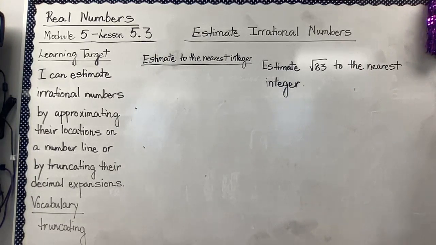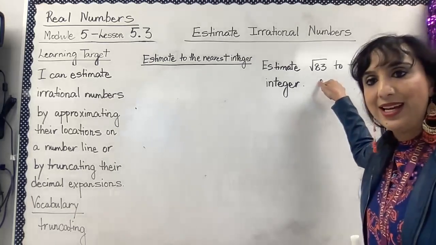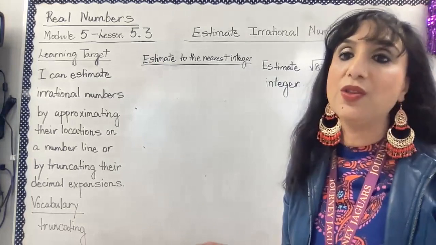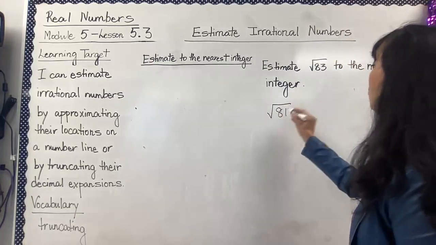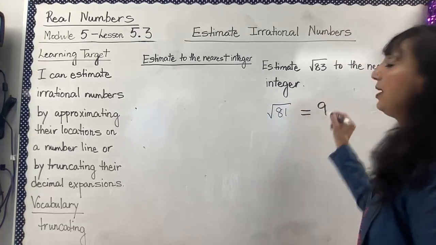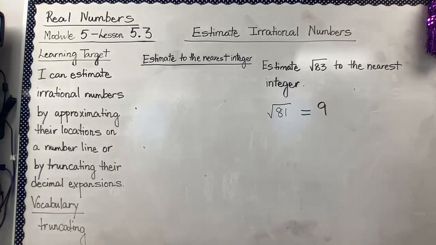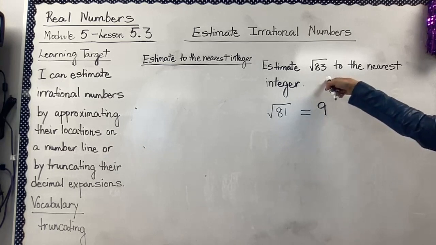So we are going to first look at the greatest perfect square which is less than 83. And what is less than 83 is square root of 81, which is equal to 9, right? 9 times 9 gives me 81. So that's the perfect square, and this is the greatest perfect square which is less than 83.